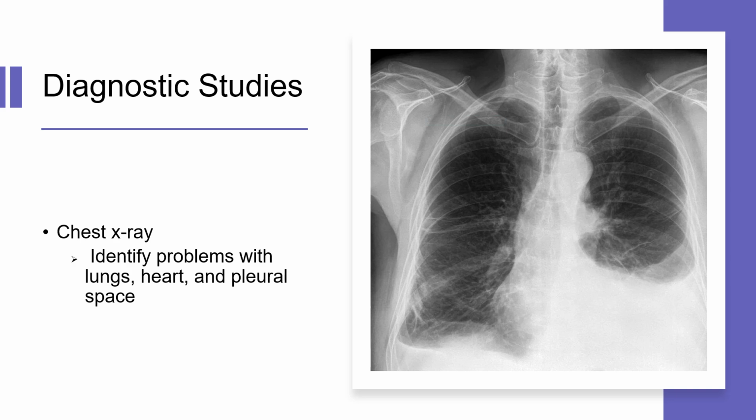It can show pneumonia, atelectasis, and it can even show TB infections. So these aren't all inclusive. Sometimes you can have a chest x-ray that shows maybe possible TB, but we still need to do our sputum culture to confirm. So this is just another tool.